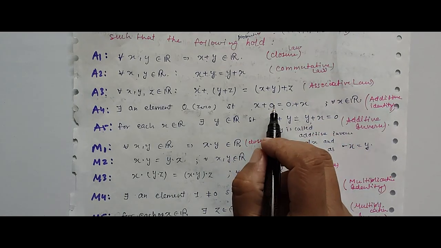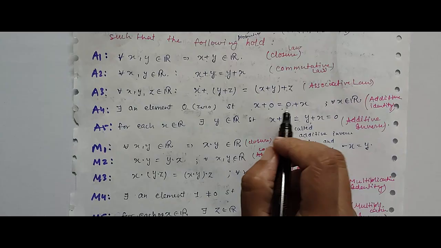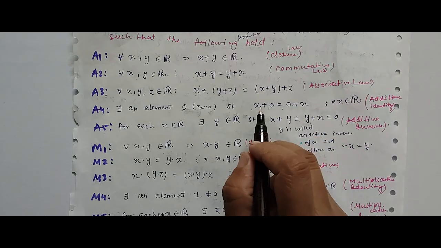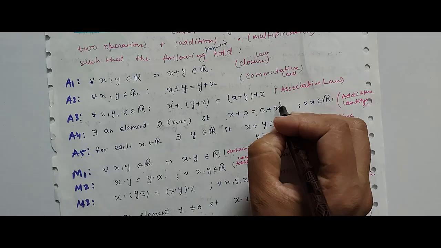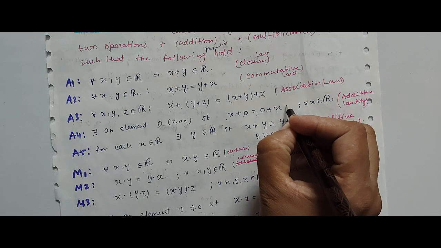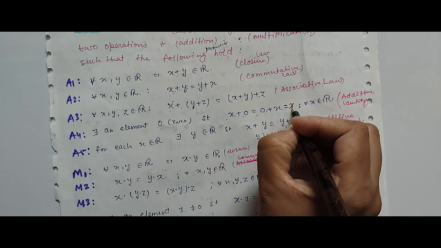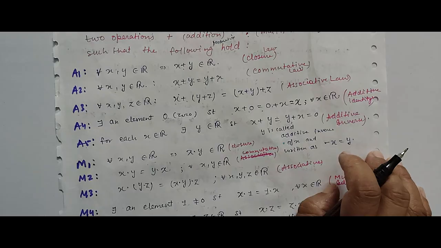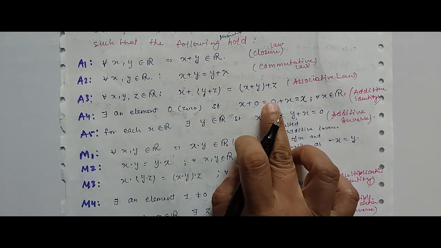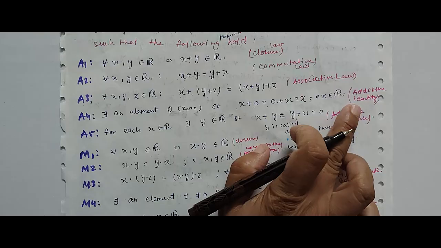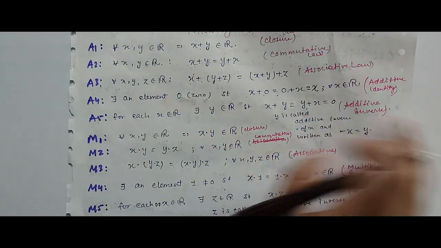Either you add this 0 from the right or from the left, both should be the same, and it will equal x. This 0 element is called the additive identity.